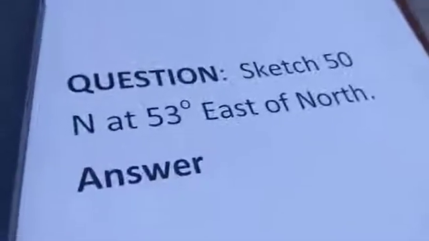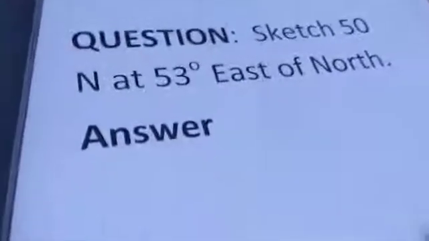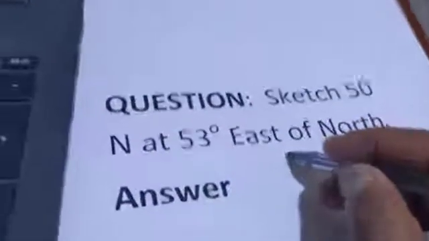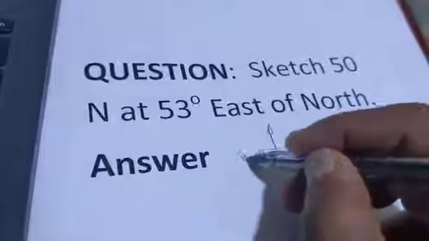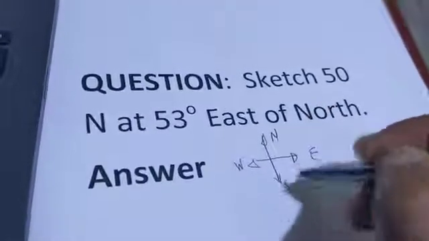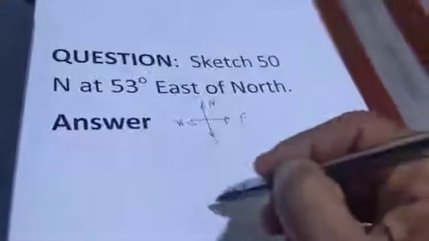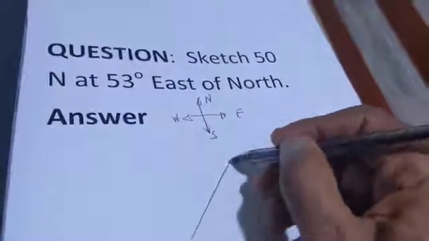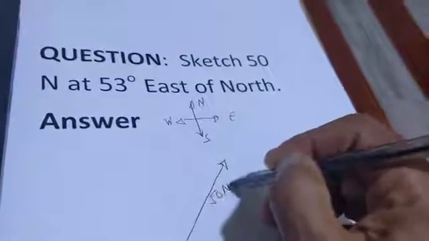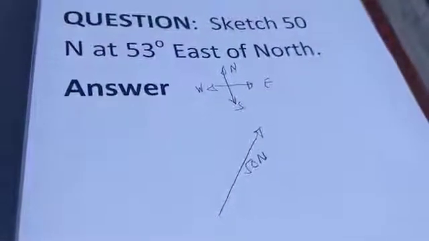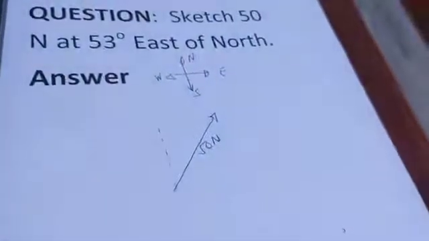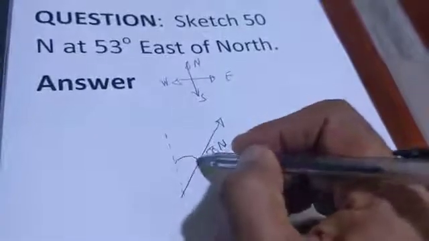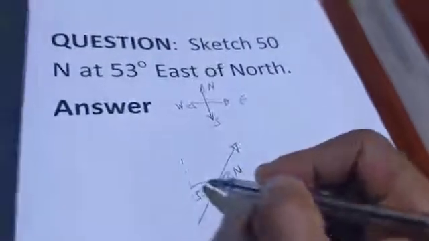Sketch 50 Newton at 53 degrees east of north. Now again, this is east, west, north, and south. Now you can take here 50 Newton, then it is 53 degrees east of north. It will go to the east but in the north direction. This is 53 degrees.